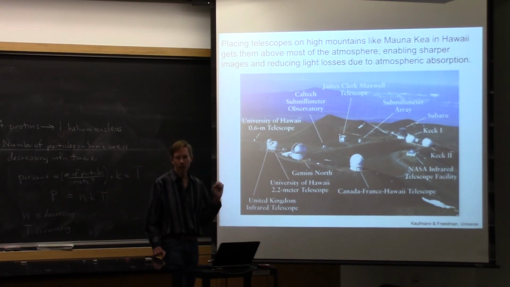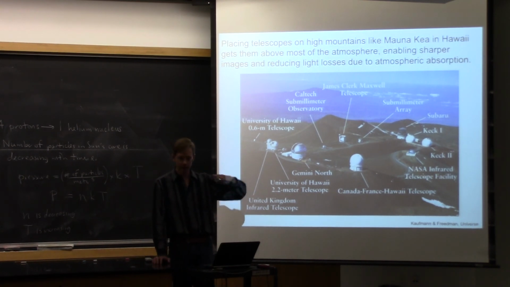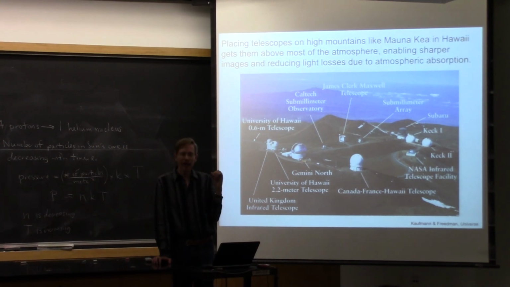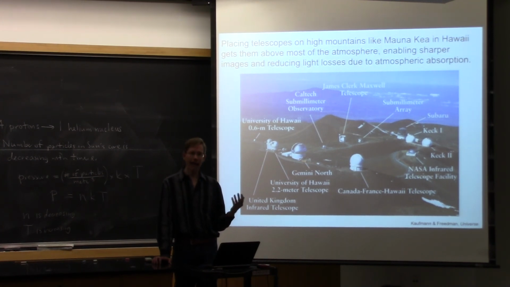So one thing it does is the air's thinner up there, right? You're above most of the atmosphere. And that's really what it comes down to. Remember, astronomers have a love-hate relationship with the atmosphere. We appreciate the oxygen, but other than that, the atmosphere messes with our observations. Atmospheric turbulence causes stars to twinkle.